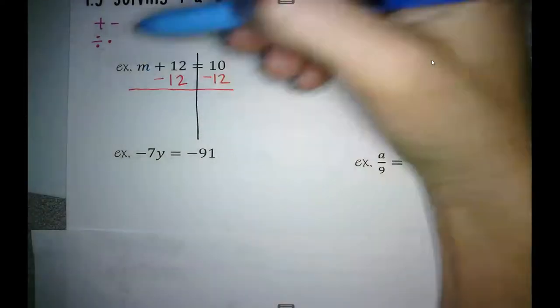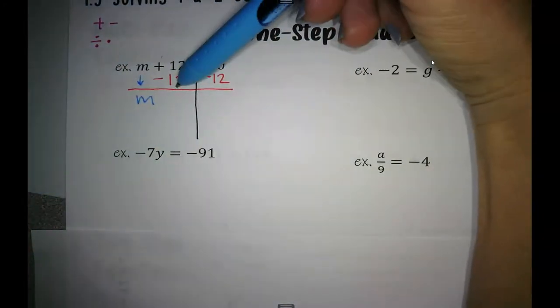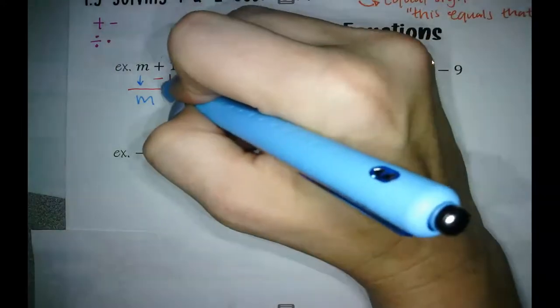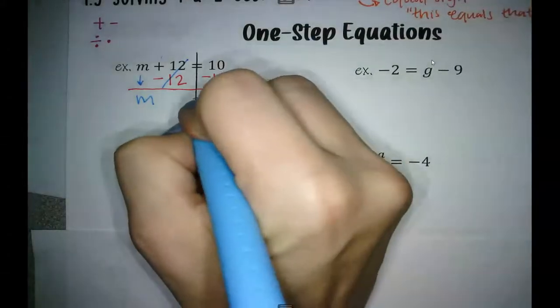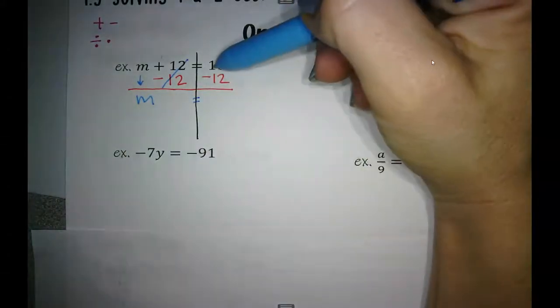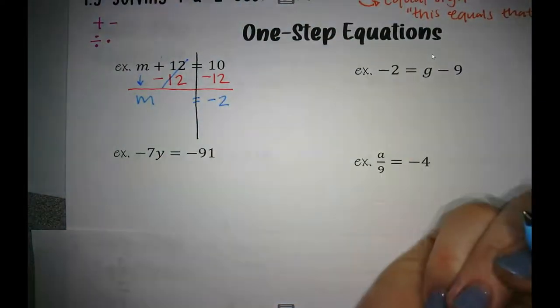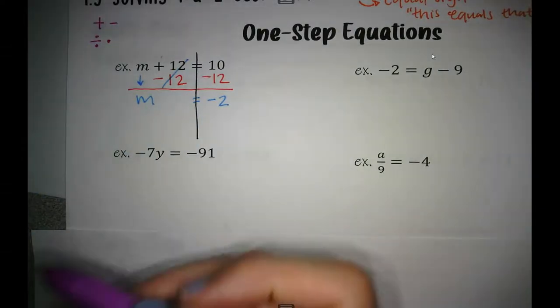Am I doing anything to the m? No, I'm not. So I'm just going to bring that down. I have positive 12 minus 12. Well, those cancel out to 0, right? Equals 10 minus 12. That's negative 2. So now what do I have? I have m equals negative 2.